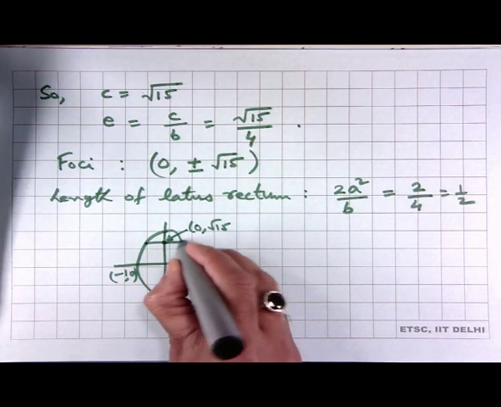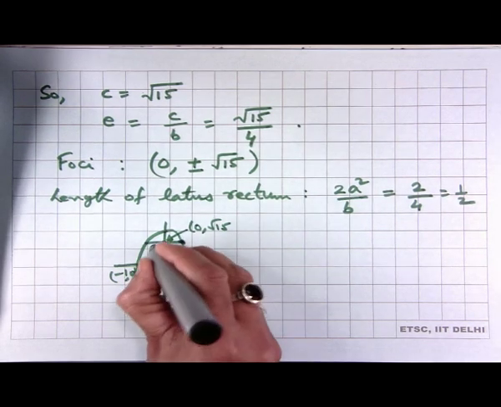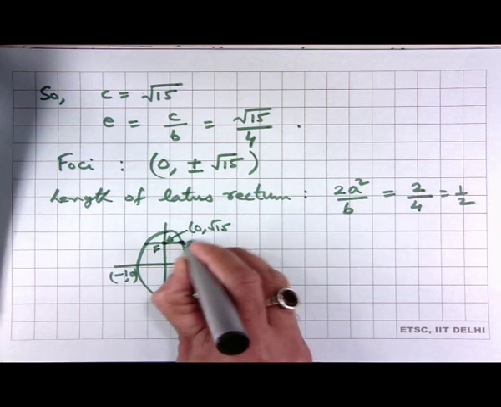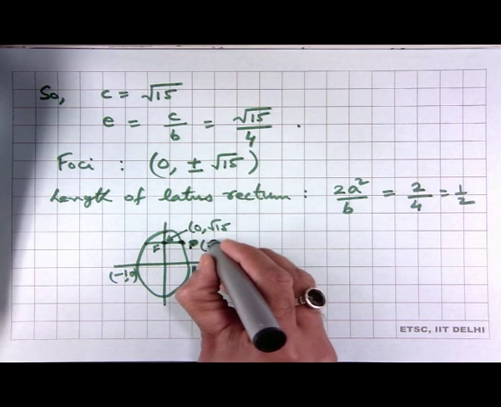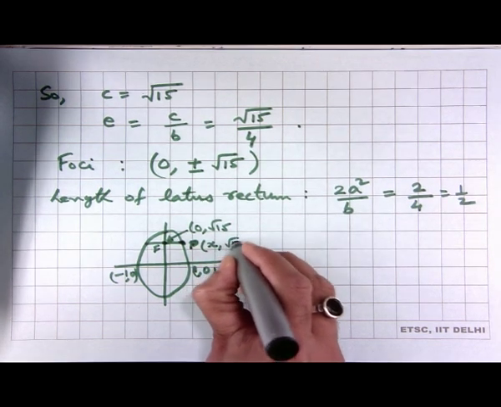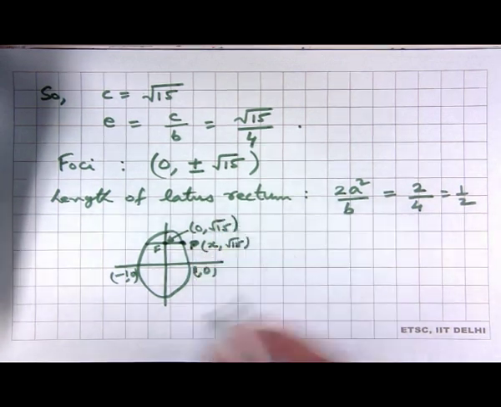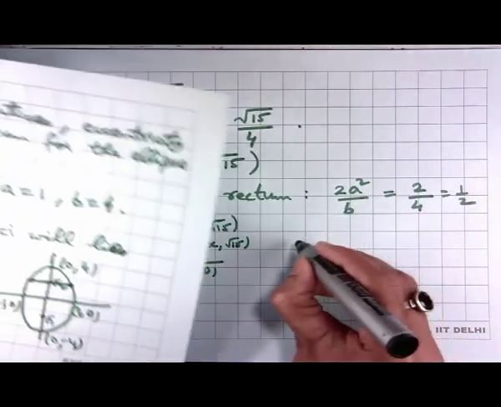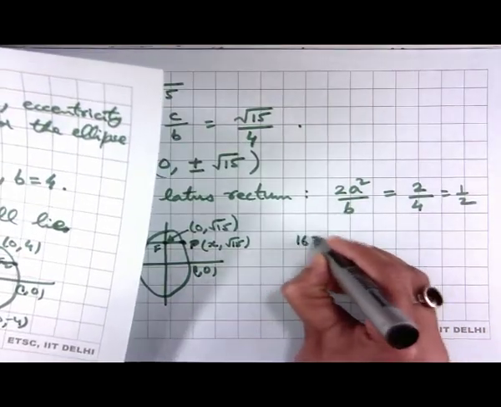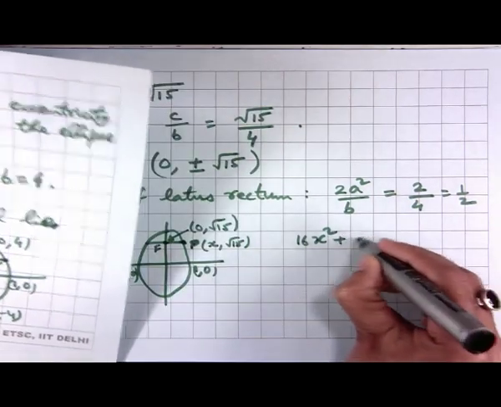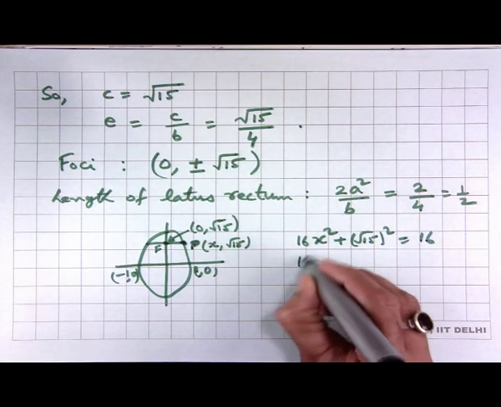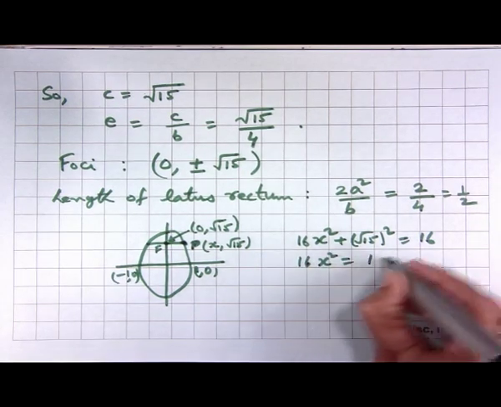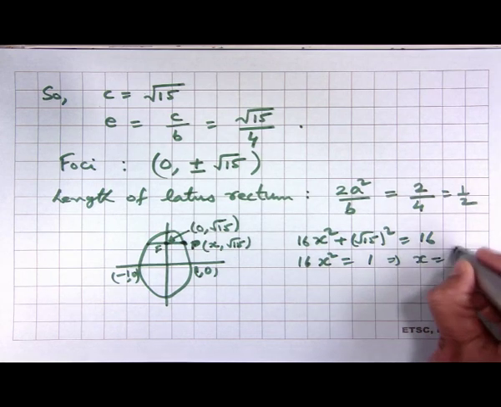Then if you want this point here, this is my F, this point P will be some (x, √15), and we have 16x² + y² = 16, where y² is (√15)², which means 16x² = 1, means x is 1 by 4.